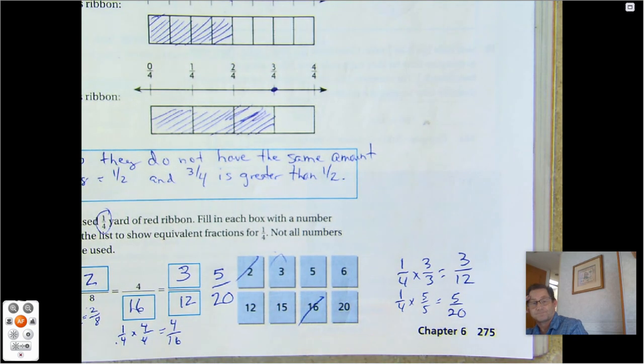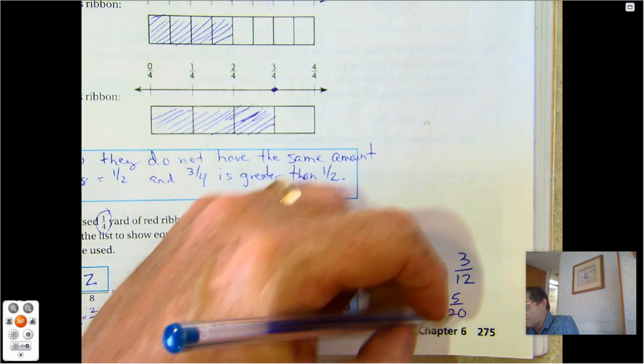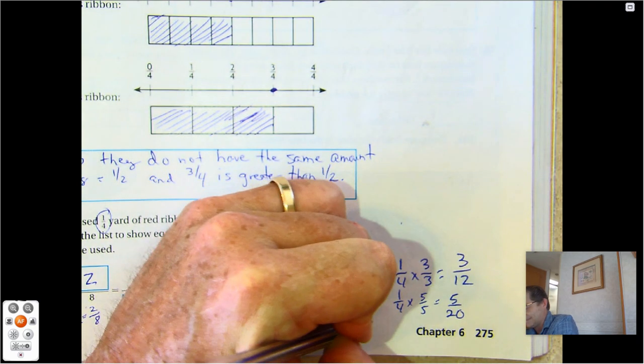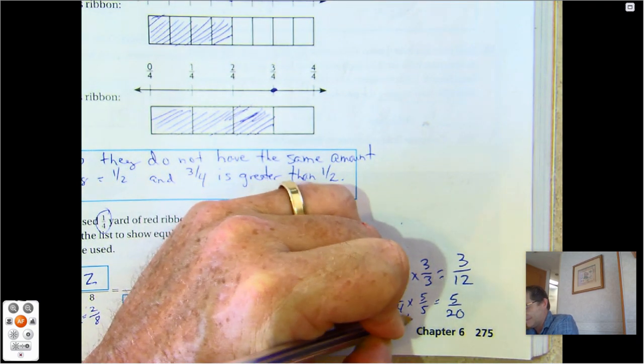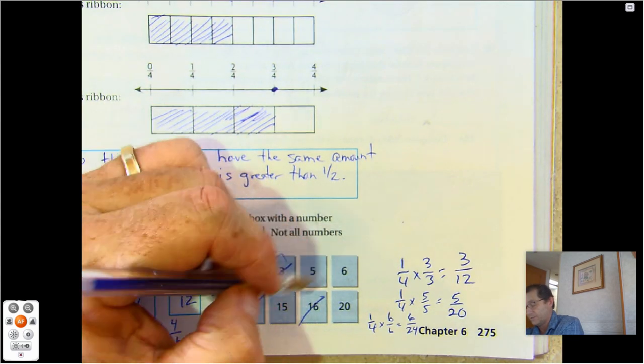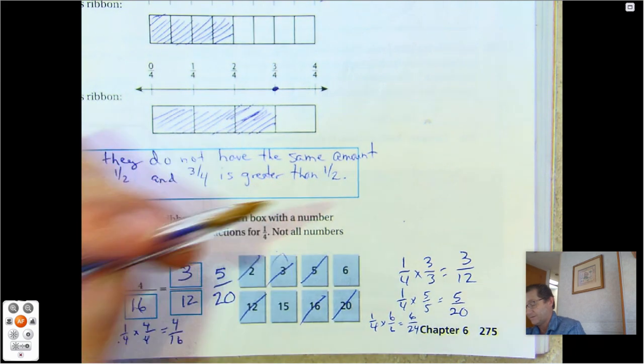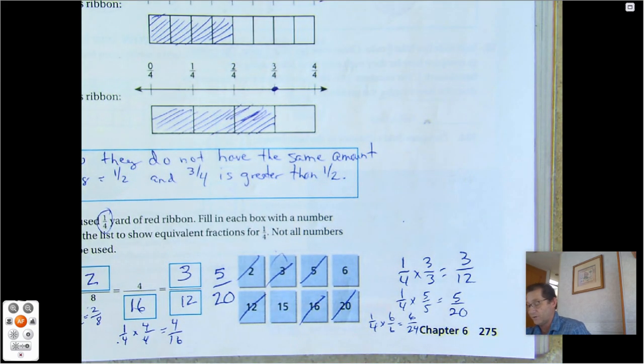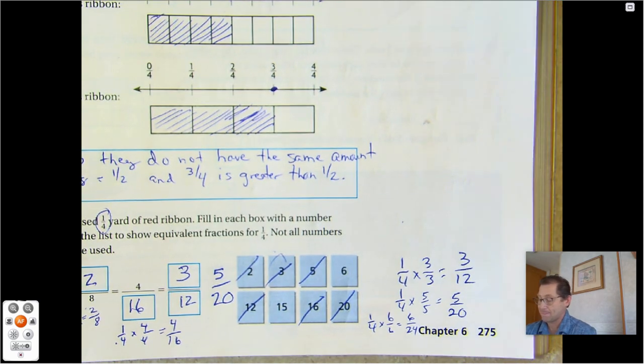Okay. If I multiplied 1/4 by 6, that would give me 6/24. I don't see a 6/24. So if we use 3/12, 5/20, 6/15, we're not going to use. All right. So I guess this is one possible answer.